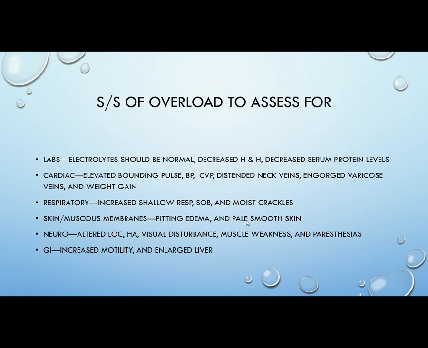Okay, the labs, you're going to want to make sure the electrolytes, they can be normal. You can see a decreased H&H, decreased serum protein levels on these patients. The cardiac, think about this, overload. Everything is full of fluid, okay? So you're going to have an elevated bounding pulse. Their blood pressure is going to be up.